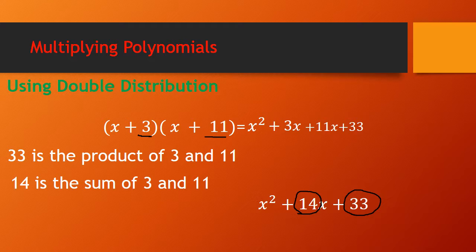So usually the number in the middle is the sum of the numbers in the factors or the binomials, and the last number in the trinomial is the product. And sometimes this form is called the sum product form because it includes the sum and the product of the factors inside the binomials of the factored form.